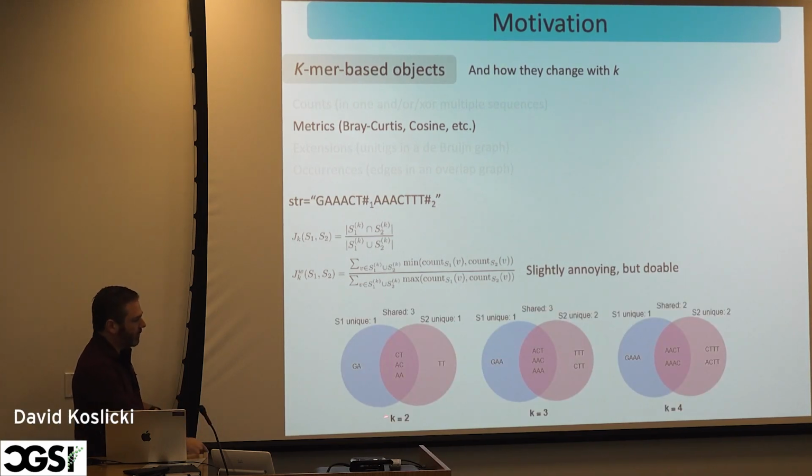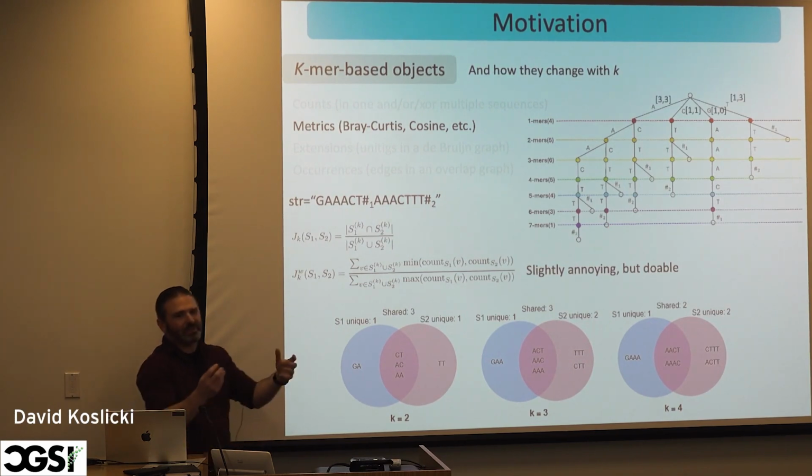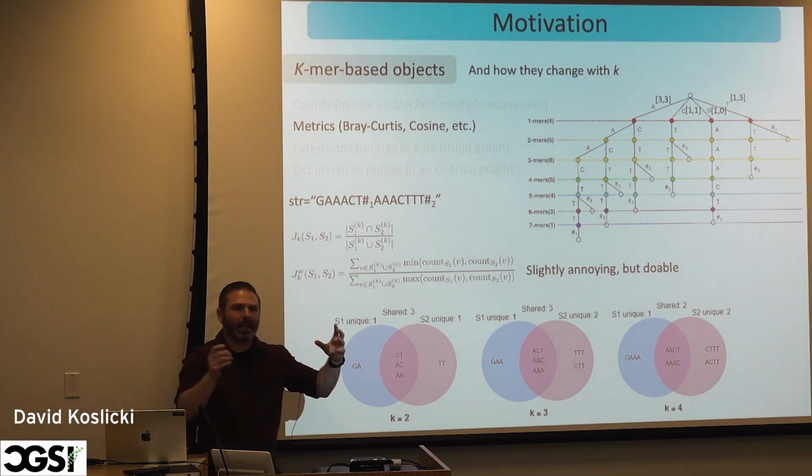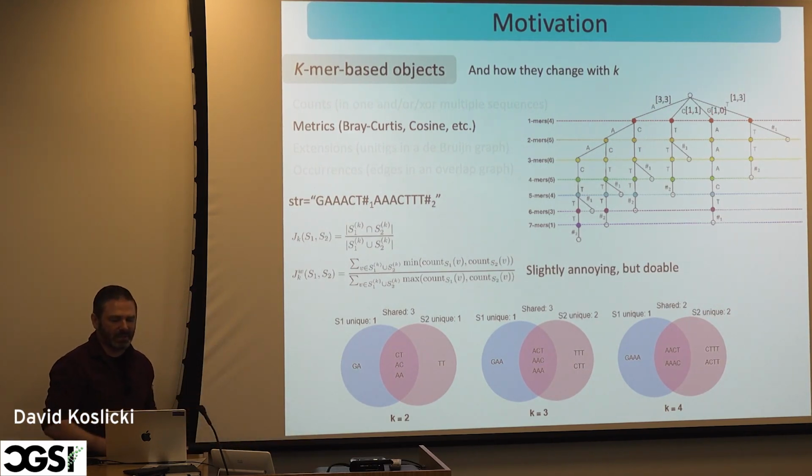Here again, the behavior is non-trivial. As you increase the k-mer size, what happens to the number of shared k-mers? And again, we have a data structure you can use. With the suffix tree, you also have to keep around an array. The array tells you whether these different nodes or edges in the suffix tree appear in only one of the sequences or both of the sequences, and what their counts are. So you can do it, it's just a little bit annoying.